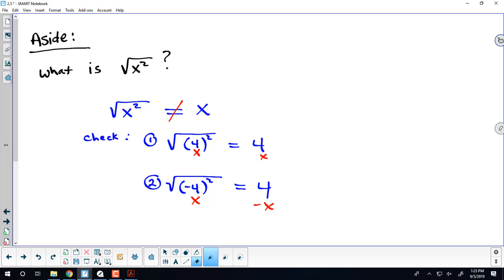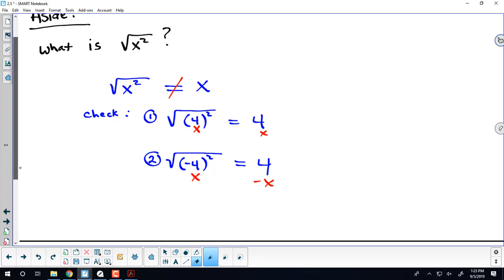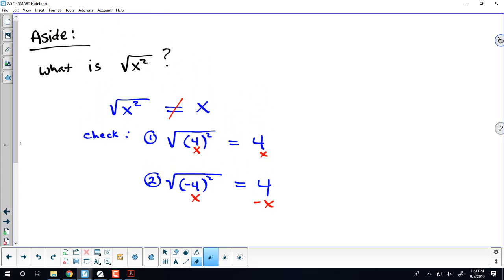The absolute value, which was kind of indicated with the plus or minus x. So I'll write it up here. The square root of x squared is equal to the absolute value of x.